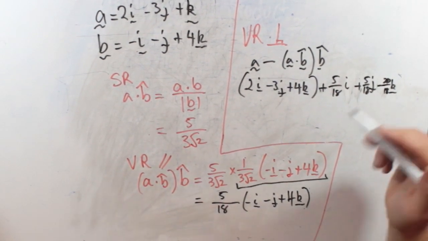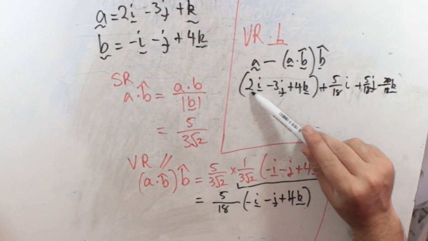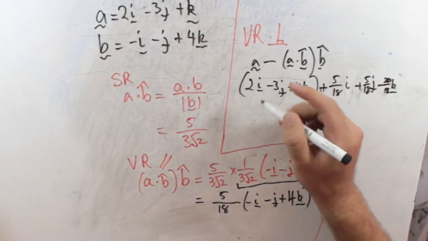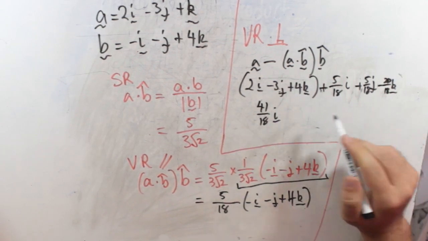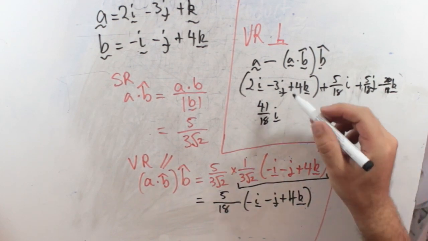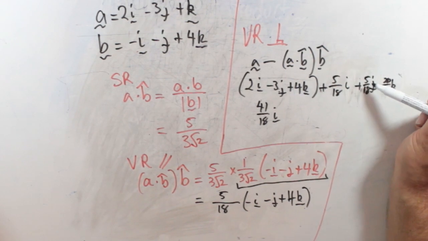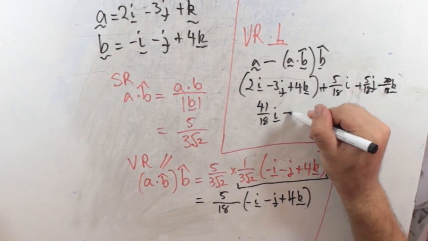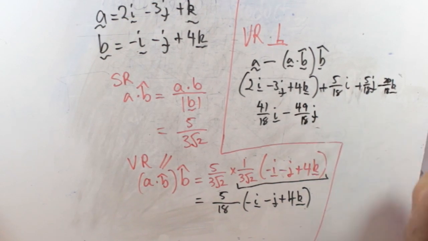All right, how do we put all these numbers over 18? Well, it's going to be 36 plus 5, that's 41. 41 over 18i. 3 18s are 54, and minus 54 plus that is minus 49 on 18j.